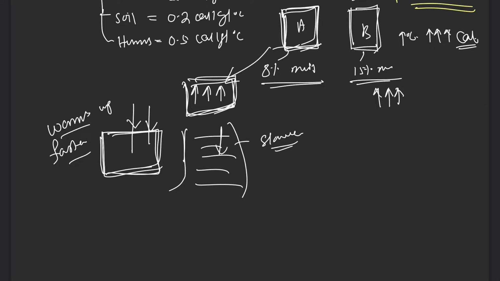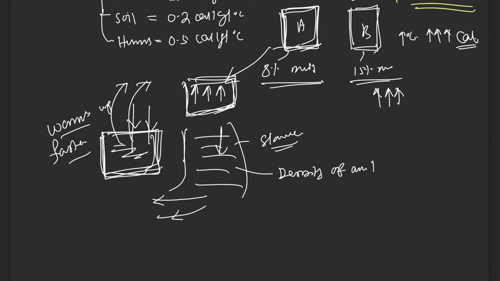If it warms up faster, then the air mass will move upward due to the lightness of the air. Because the ocean is still cooler than the land mass, the density of air is higher there, so air will blow from the ocean towards the land surface.